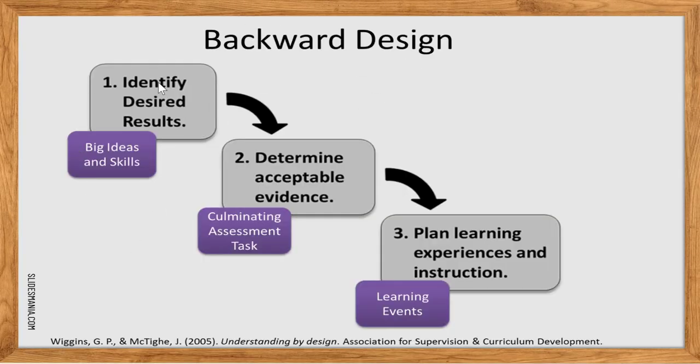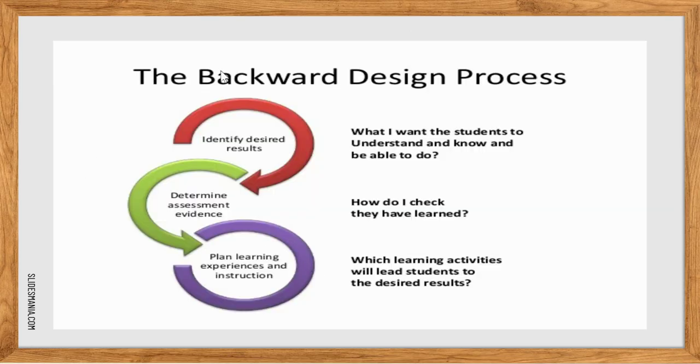Now, again, backward design, we're going to show it in a couple of different ways. You identify desired results, acceptable evidence, and then you actually sit and plan the lessons. And you can see it in a different way, keeping these questions in mind, though. What do you want the students to understand and know and be able to do? How do you check for that learning?